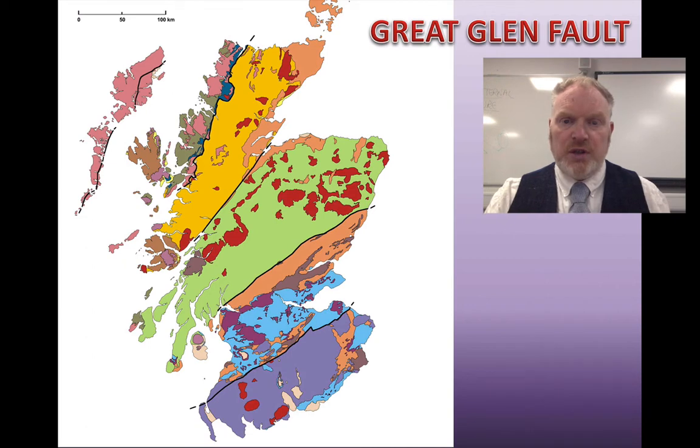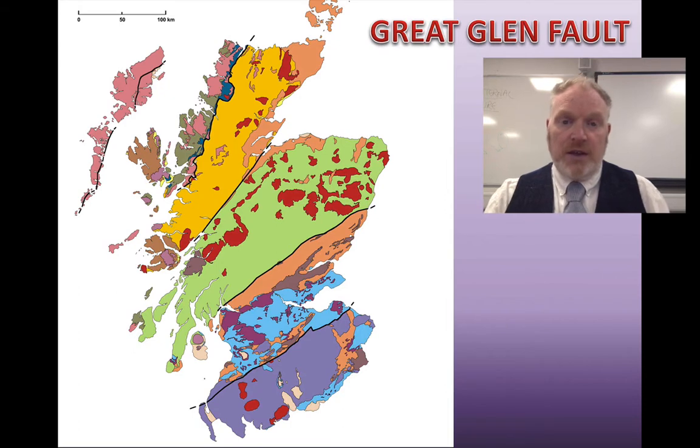The first question asks what it is about the Great Glen that suggests it's a fault. We can see from the geology map that there's a change in the geology. The geology to the north and west of that fault is different from the geology to the south and the east.